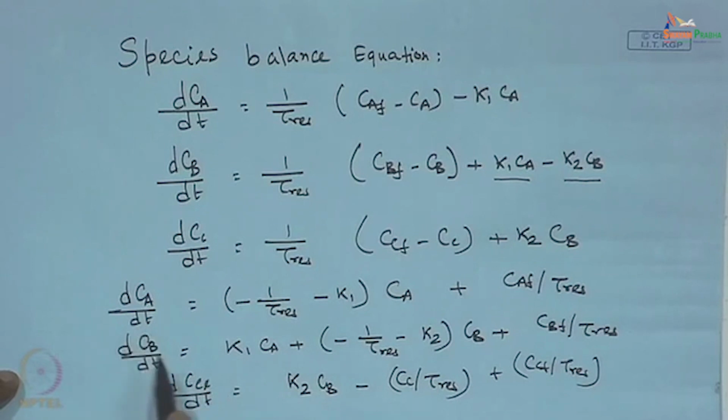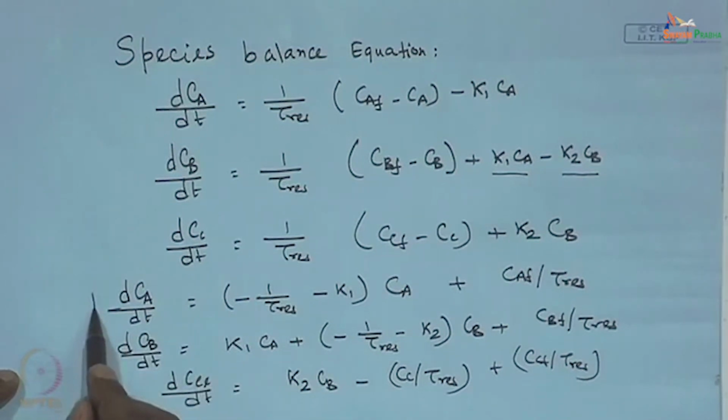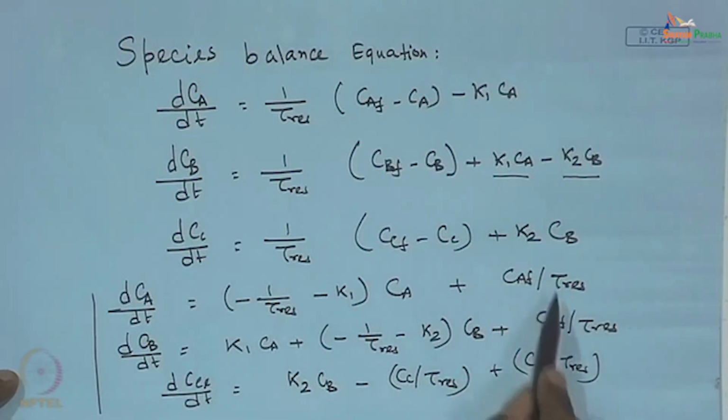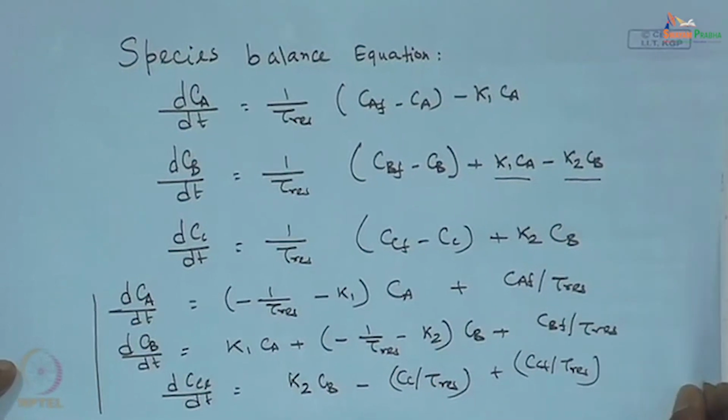So, this will be the dx dt part, where the components were CA, CB and CC. These were the coefficient matrix, and these terms combined correspond to the non-homogeneous part. So, therefore, one can get these equations.